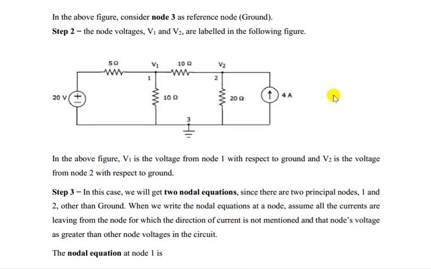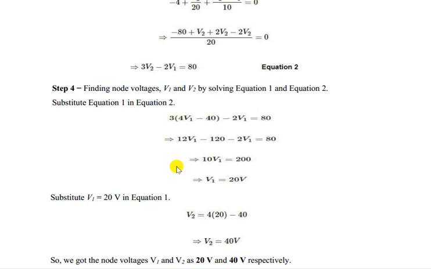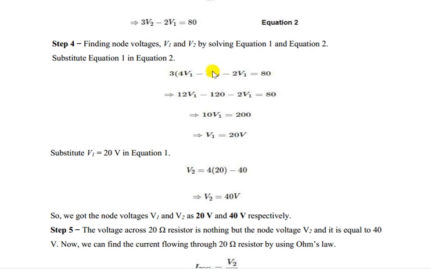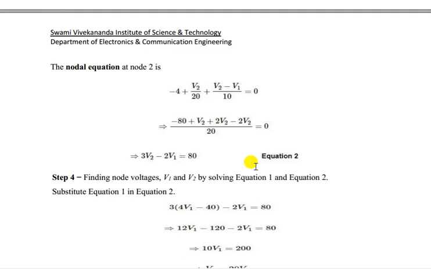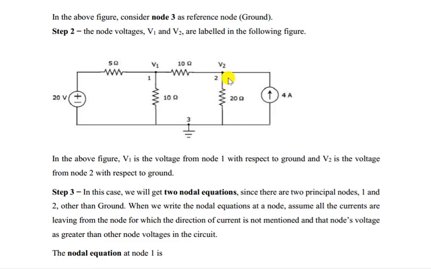In this circuit we have 3 nodes, so n minus 1, that means 2 equations we have to solve, and after solving we will get the values of V1 and V2. The question is to find the current through this 20 ohm resistor.